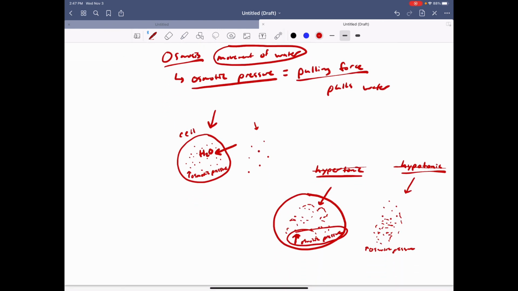So now, here, in this situation, the osmotic pressure is the same because the solute concentration is the same. So there is no movement of water because there is no gradient, okay? And this is called isotonic, okay? That's when this is all equal to each other, okay? The solute concentration is equal in both compartments in the interstitial space here and inside the cell here, okay?